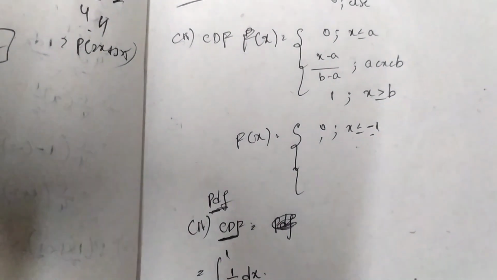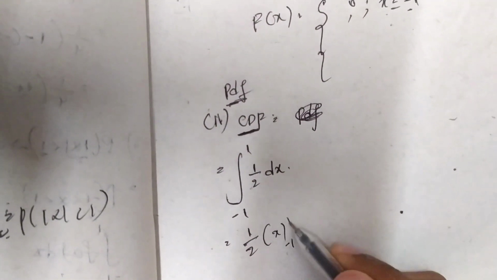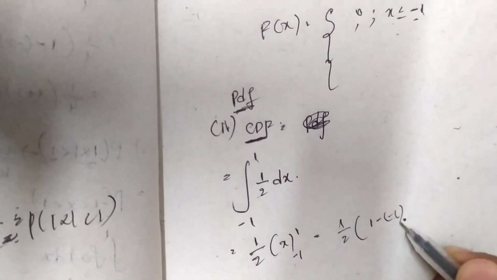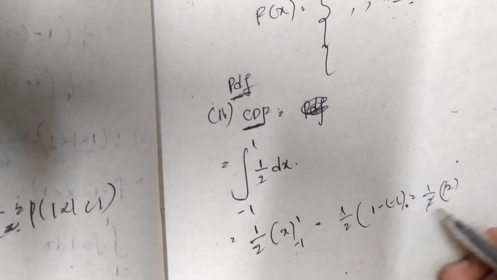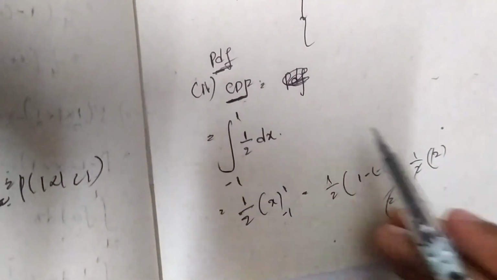Taking 1 by 2 outside, the integral of 1 dx is x, from minus 1 to 1. We get 1 by 2 of 1 minus minus 1, which is 1 by 2 of 1 plus 1, that is 2. Here the 2 cancels, and we get the value for CDF as 1.